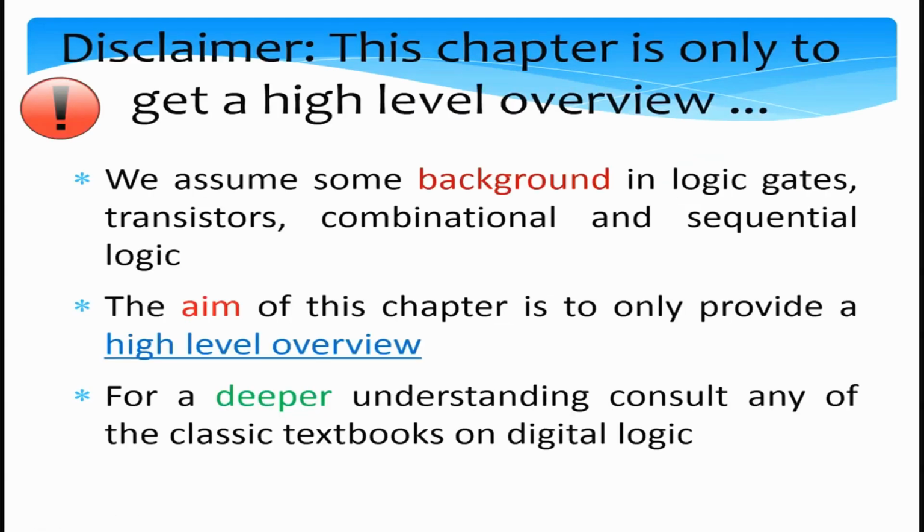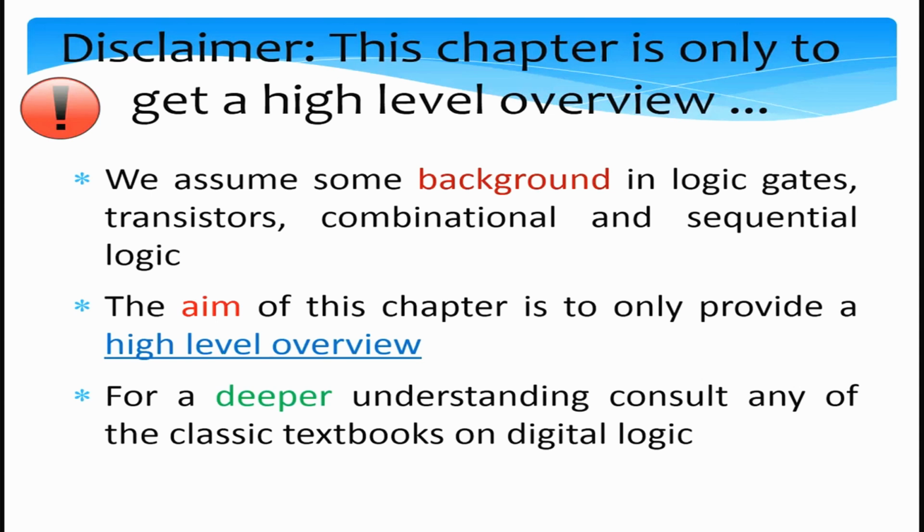Alright, so let me start with a disclaimer that in this chapter we are providing a very high level overview. Pretty much the entire digital logic course is being covered in this one single chapter. So it might be difficult for some readers or listeners to follow exactly all of that is being said.